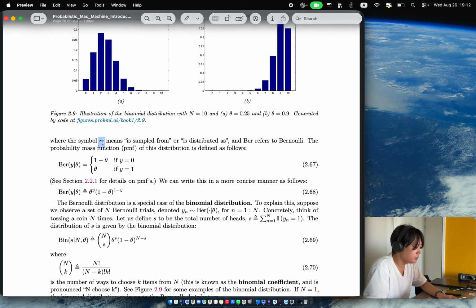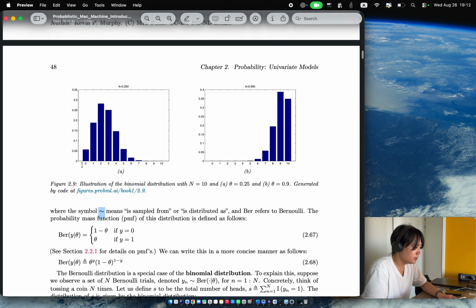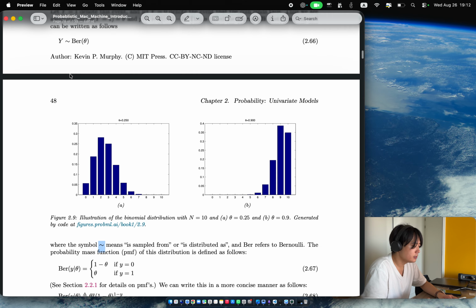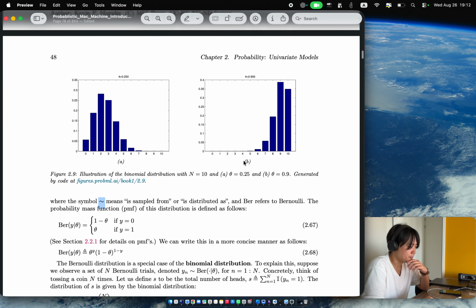So this symbol is equivalent to the sample form: y is distributed as a Bernoulli distribution with the parameter theta, and this parameter ranges between 0 and 1. In the case of 0.25 it goes to the left shape. When theta is 0.9 it goes to the right shape.